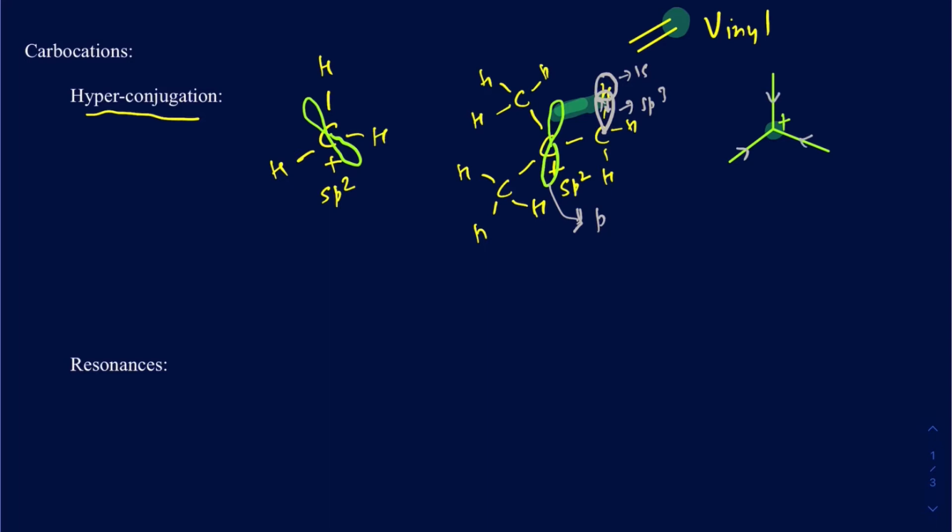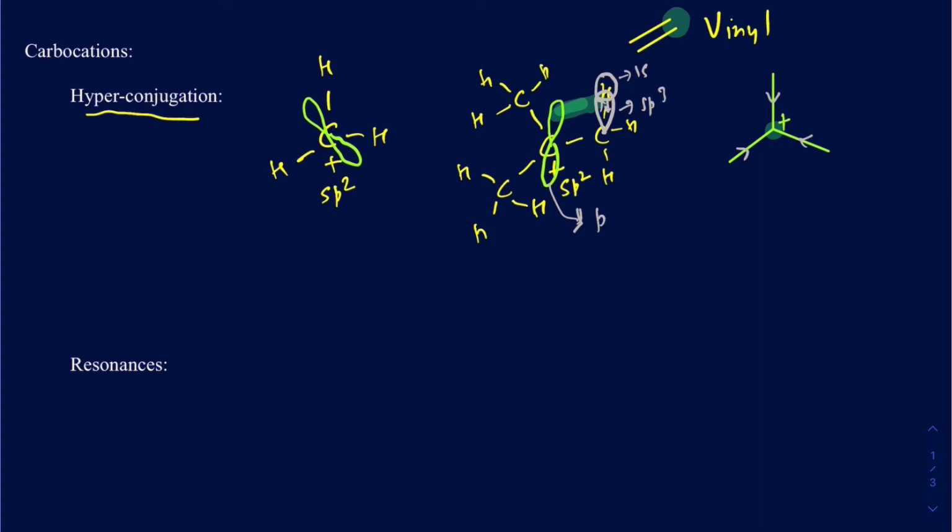Now, how do they really donate the electrons? They are donating the electrons through a so-called hyperconjugation. So the more electron donating groups you have, or the more R groups you have around the positively charged carbon, the more stable it's going to be, because it's going to be making more hyperconjugations there.